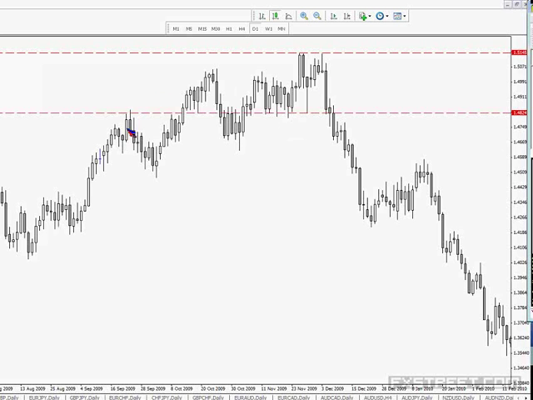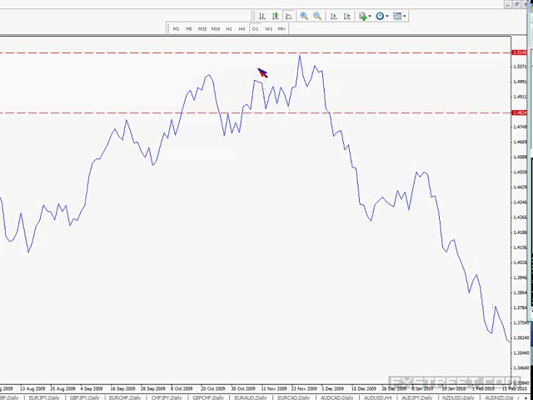So for example, on this move up here on the euro, it came up to this 1.4820 level and then fell. And when it finally did break through this level, it also found support there. And that becomes really clear when I go down to a line chart here, which I've done just now.